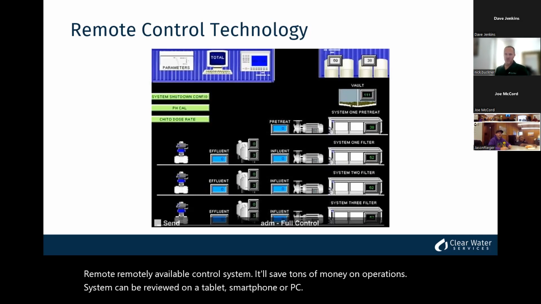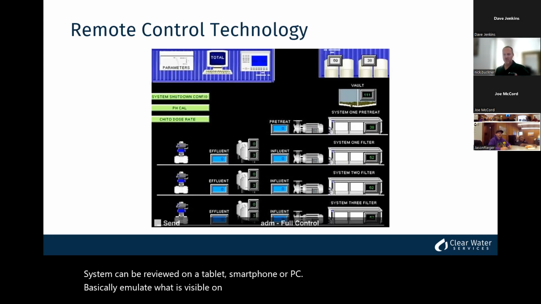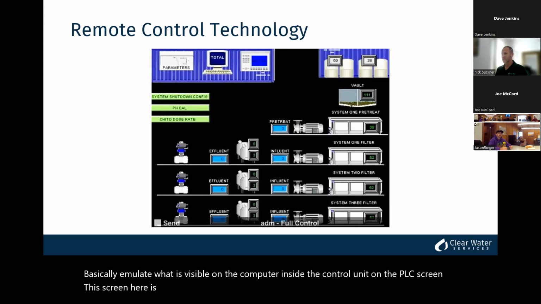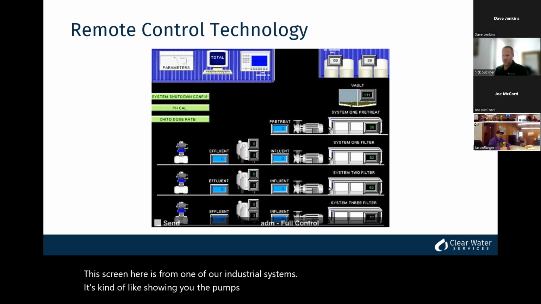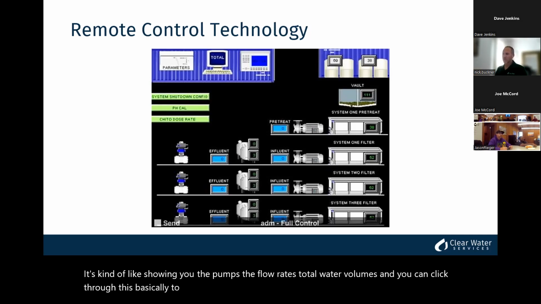Basically it emulates what is visible on the computer inside the control unit on the PLC screen. This screen here is from one of our industrial systems. It shows you the pumps, the flow rates, total water volumes, and you can click through this to get access to more controls and data.